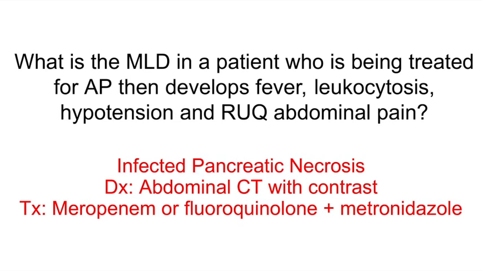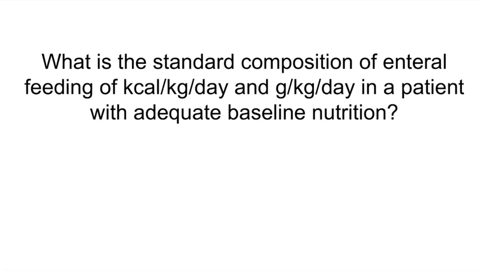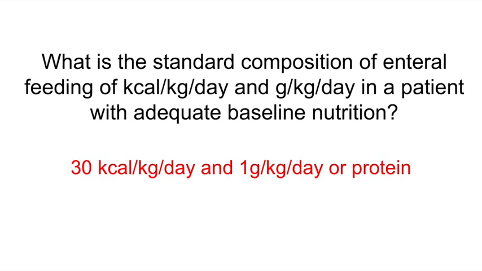What is the standard composition of enteral feeding of calorie per kilogram per day and gram per kilogram per day in a patient with adequate baseline nutrition? 30 calories per kilogram per day and 1 gram per kilogram per day for protein.